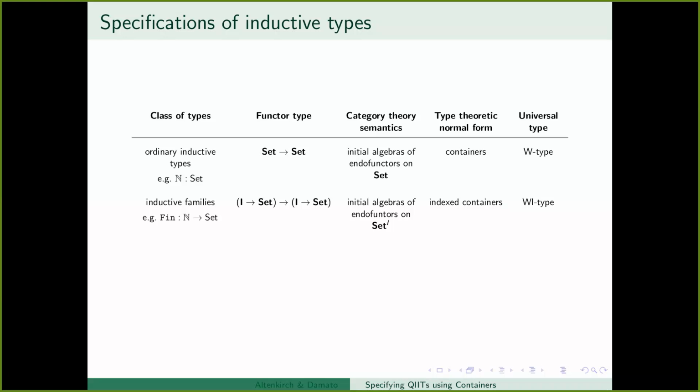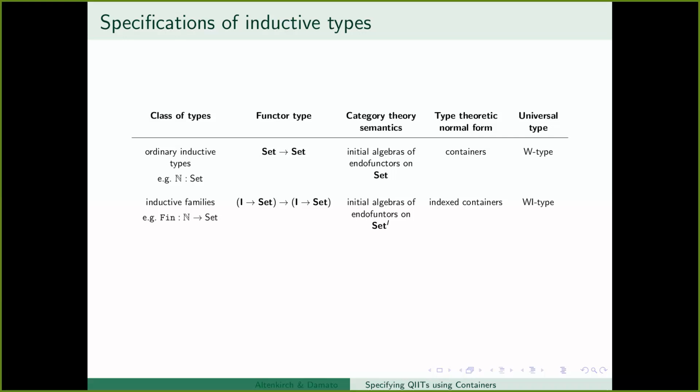We know that they have a normal form via containers, and what this means loosely is that we can classify the endofunctors on Set that have initial algebras by saying that these are exactly the endofunctors that are container functors.